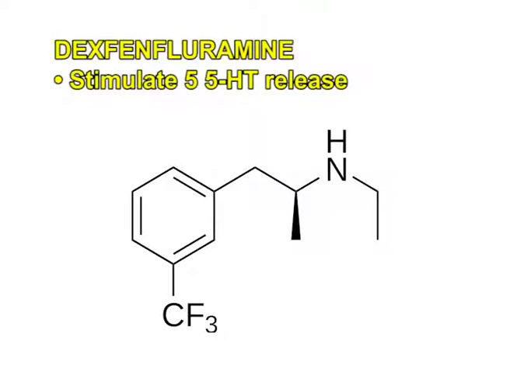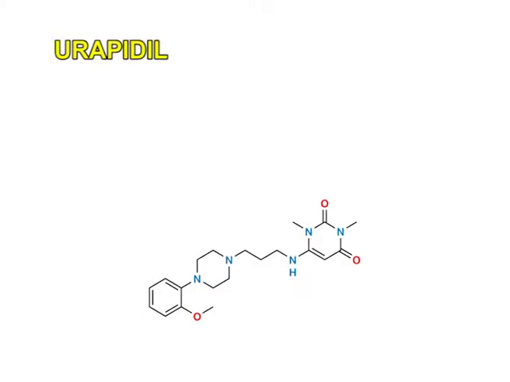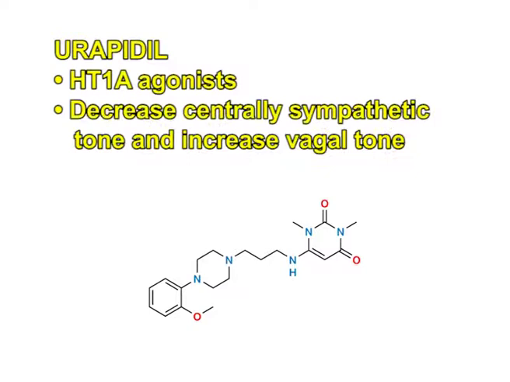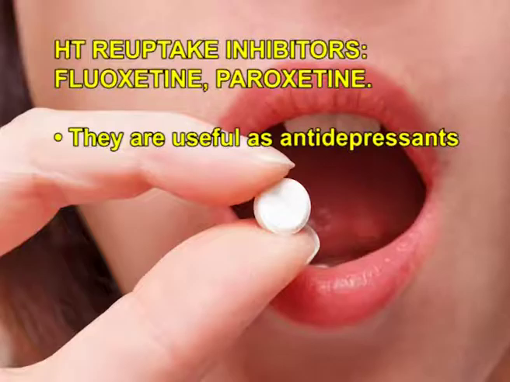Dexfenfluramine stimulates 5-HT release, an appetite suppressant. Urapidil is a 5-HT1A agonist, decreases central sympathetic tone and increases vagal tone, used to control blood pressure. 5-HT reuptake inhibitors may include fluoxetine and paroxetine. They are useful as antidepressant drugs.